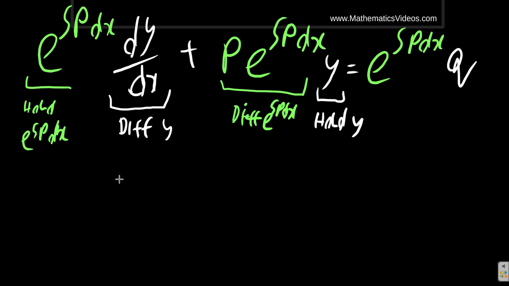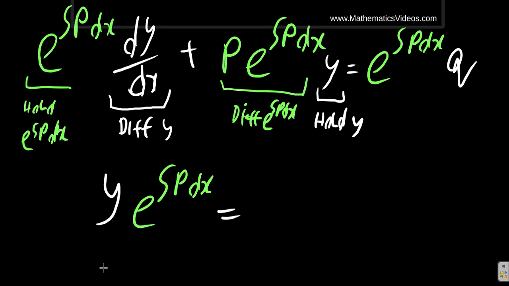You can see that the product is, remember, you hold y, differentiate y here. One of them is y, and the other product, remember you hold e to the integral of p dx over here, or you differentiate it over here, is e to the integral of p dx. Alright? Now that is equal to e to the integral of p dx times q.